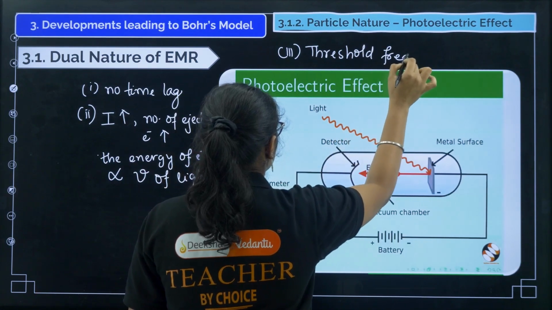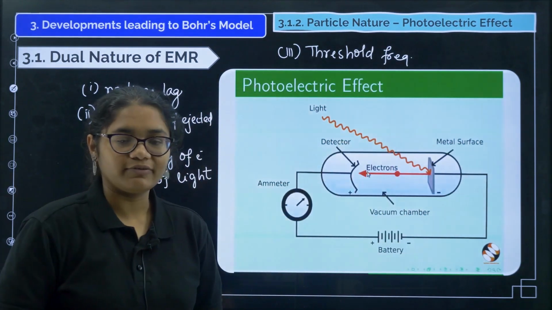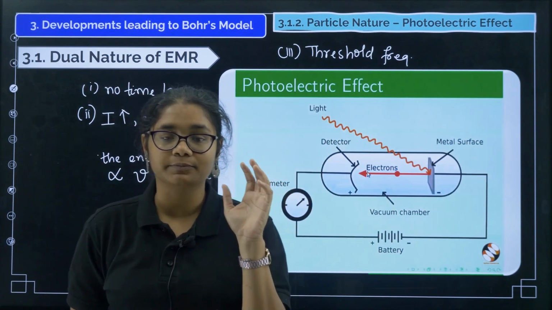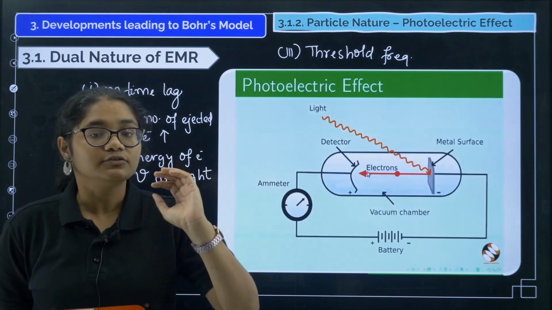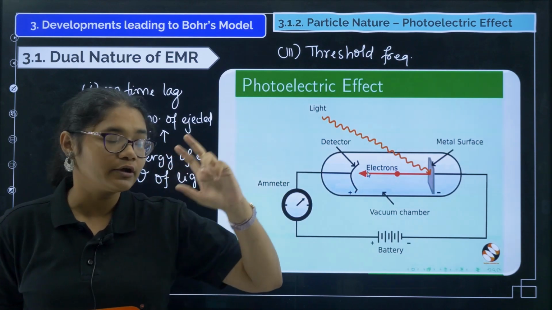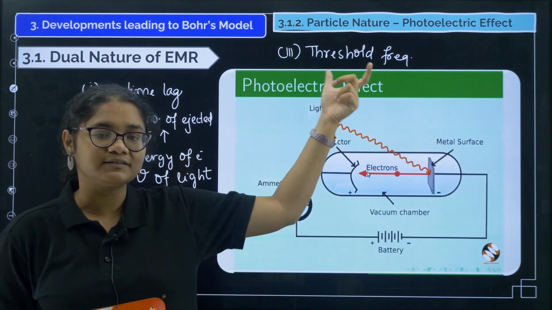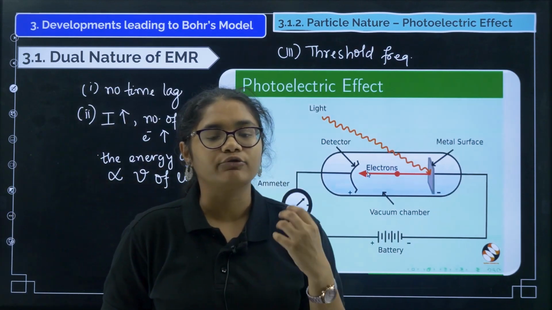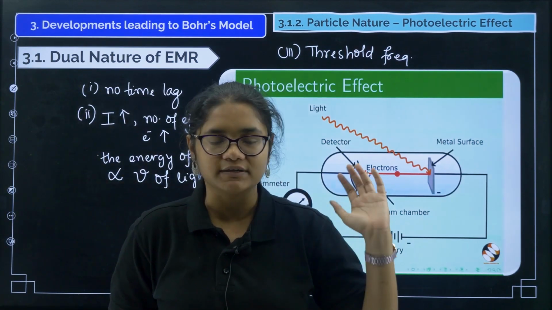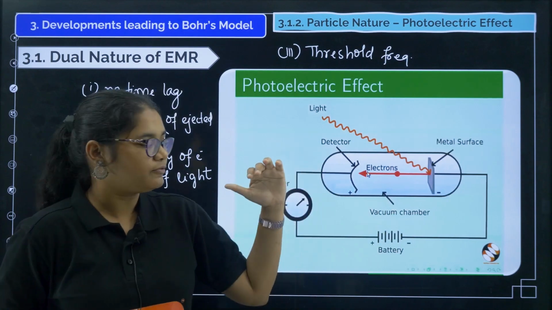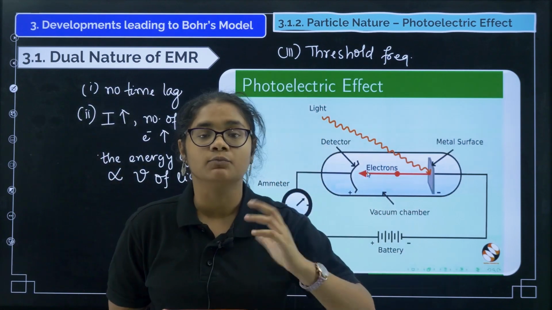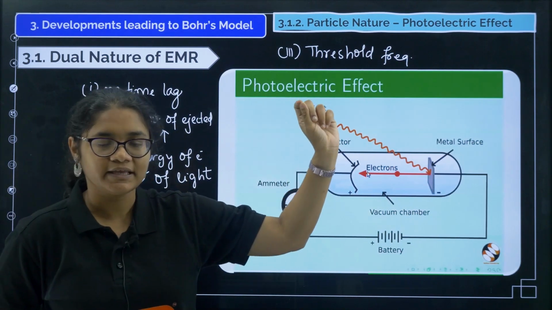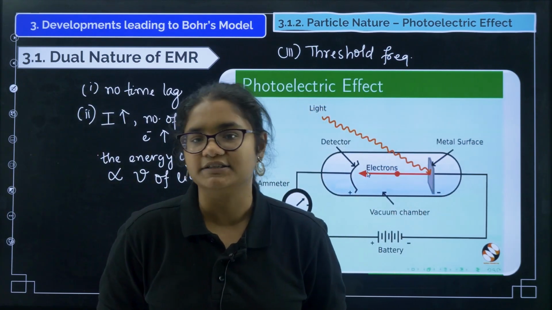What does this threshold frequency tell you? You can emit light of any radiation, but there should be some minimum frequency. If your light frequency is more than this minimum frequency, called the threshold frequency, then only the electrons will be ejected out.